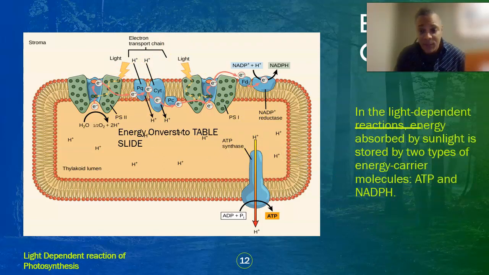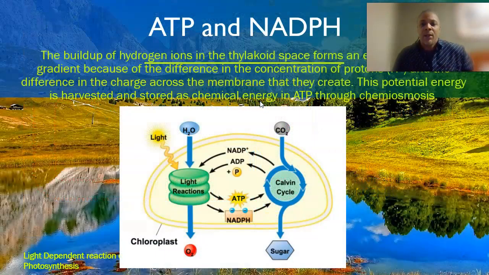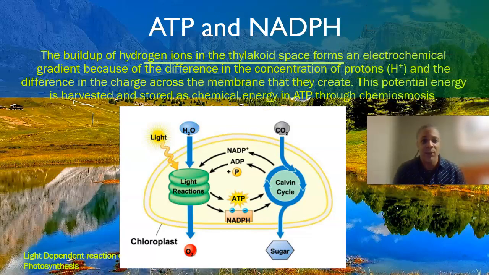Now, in this light-dependent reaction, energy is absorbed from sunlight and stored in these two molecules, like we just said, the ATP and NADPH. I'm sorry about that. This is the buildup of hydrogen ions in the thylakoid space, which forms this electrochemical gradient because of the different concentration of protons, which is, as you see here, that hydrogen ion that's floating around, and the difference in the charge across the membranes that they create.